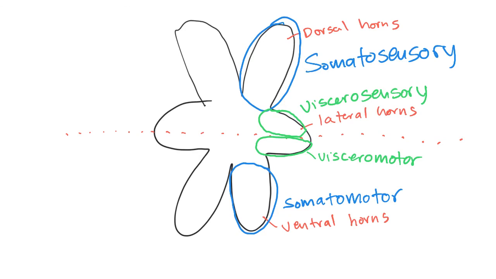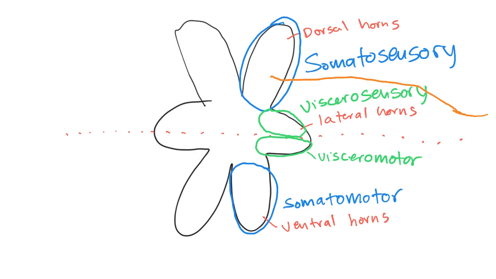Okay? Now, like we said in the Kahoot, I have a signal here, and let's say it's somatosensory, so it's coming from this dorsal root. It synapses in the dorsal horns.